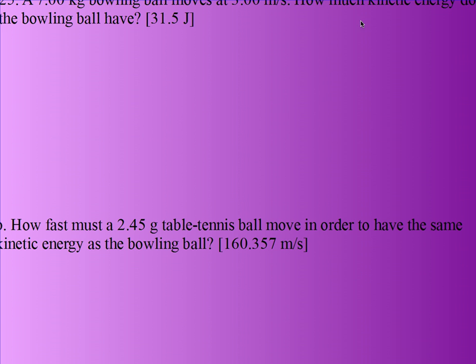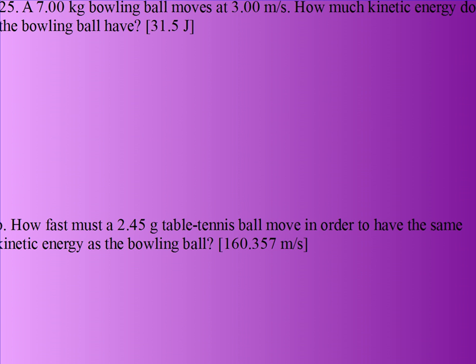Now, suppose I have a bowling ball that is 7 kilograms and it's moving at 3 meters per second. So the mass is 7.00 kilograms and my speed is 3.00 meters per second. How much kinetic energy does my bowling ball have? Well, I know kinetic energy is 1/2 mv squared.